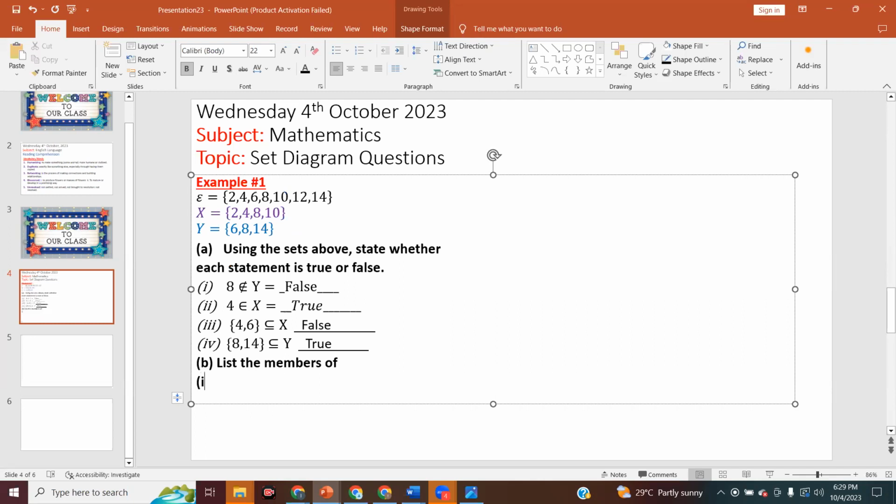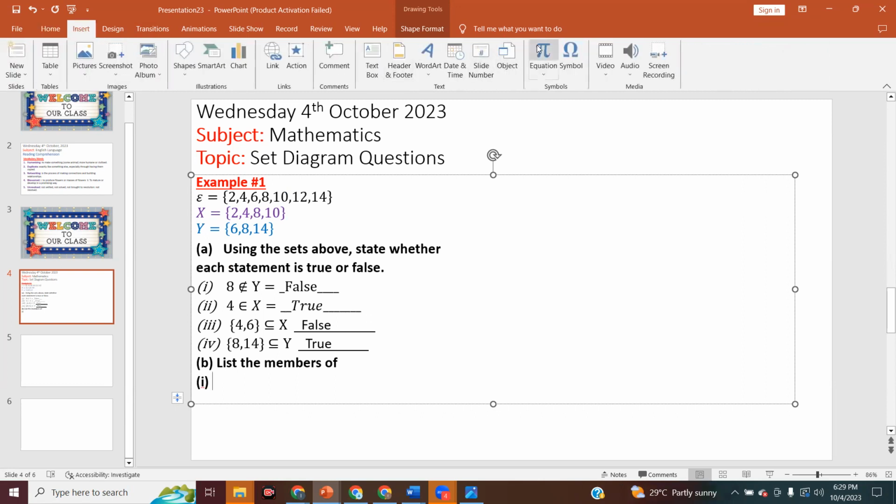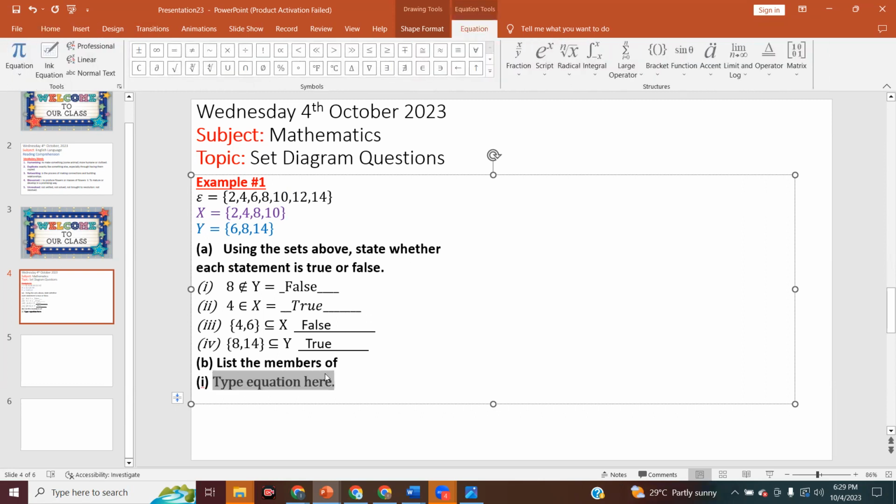So they want us to list the elements of this. I want you to list the elements of X union Y. Put it inside the chat for me, please.